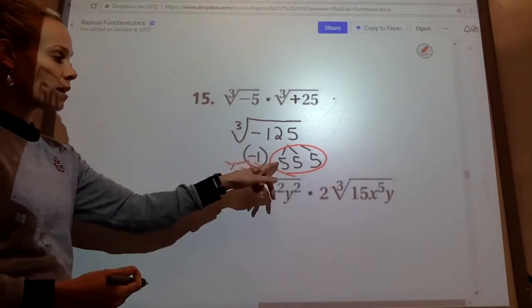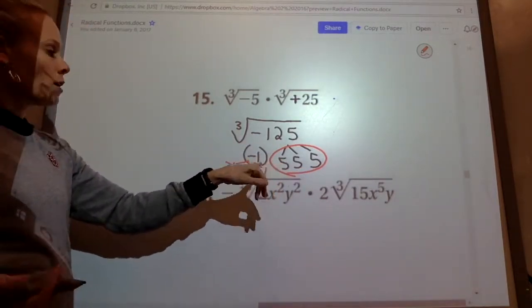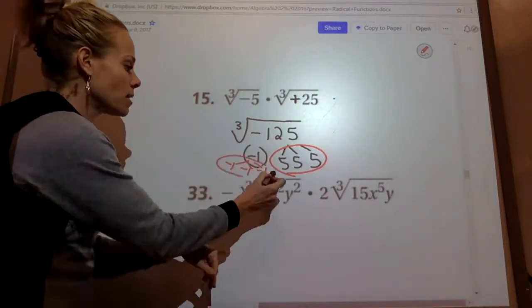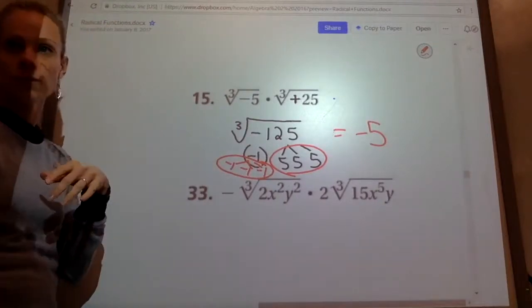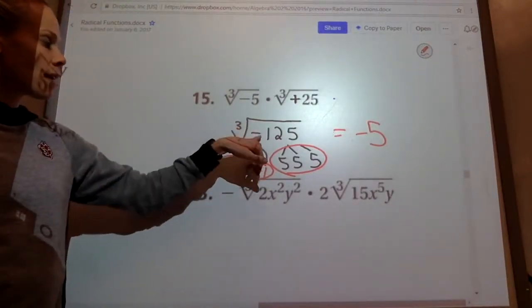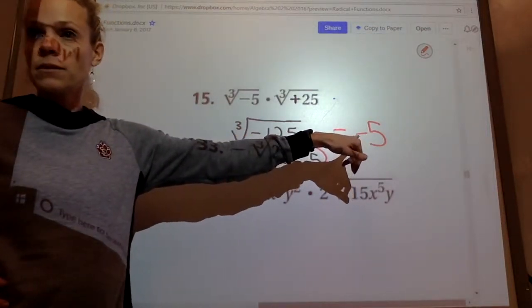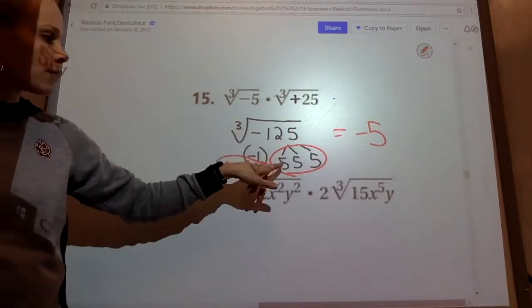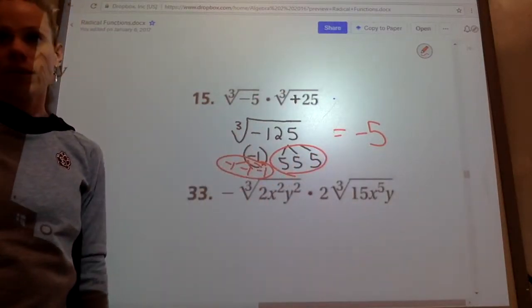You're not going to put the negative onto one of these 5's because then you won't have a group of 3 anymore. So you would take that and make that 3 negative 1's, so then your answer would be negative 5. Basically, if you have an odd index and a negative number, your answer is always going to be negative. But don't try to carry that negative down to one of your numbers there, because then you're not going to get your group of 3.